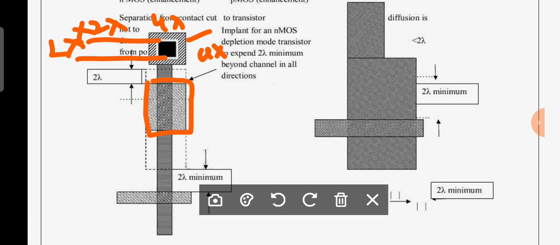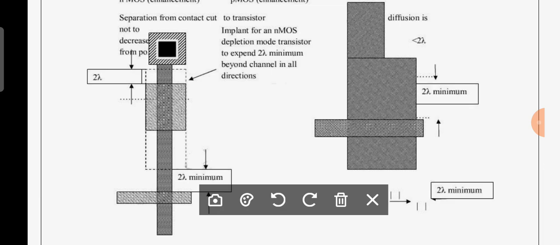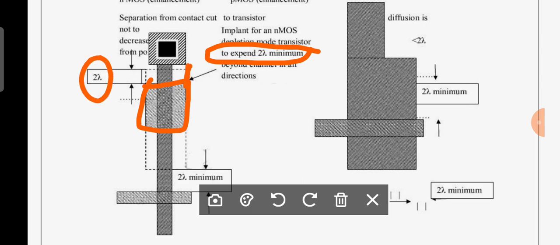One more rule here: for an NMOS depletion mode transistor, we are going to have an implant, and it should extend 2 lambda minimum. What they are telling is that after your transistor, the implant should extend a minimum of 2 lambda in all directions.